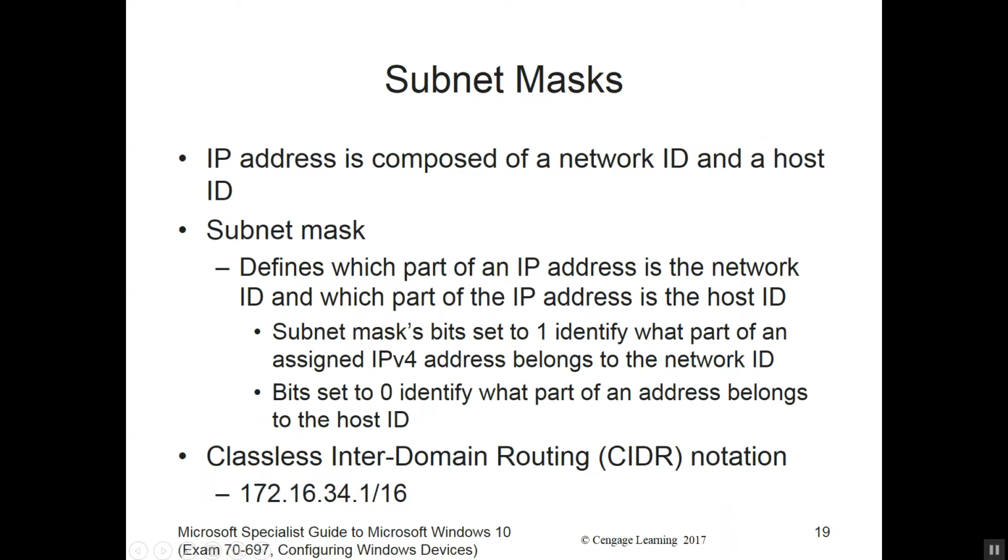So a subnet mask's bits are set to 1 to identify what part of an assigned IP4 address belongs to the network ID. Bits set to 0 identify what part of the address belongs to the host ID. The classless interdomain routing, CIDR, notation is this. It goes from 1 to 16.